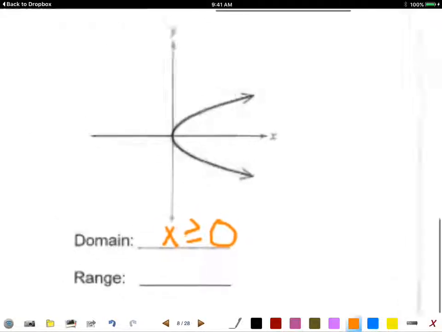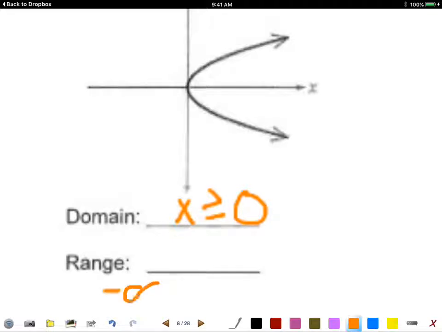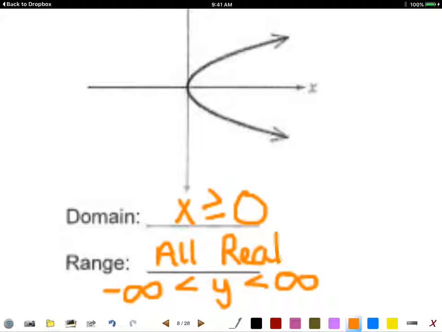Now, you can put it underneath like this, but I don't even think it should have the equal to because you can never actually get to infinity. But the way we write this, since y can actually be any number, is you're going to write all real numbers. That means it can be any number, because if it's going from negative infinity to positive infinity, it can be any number.